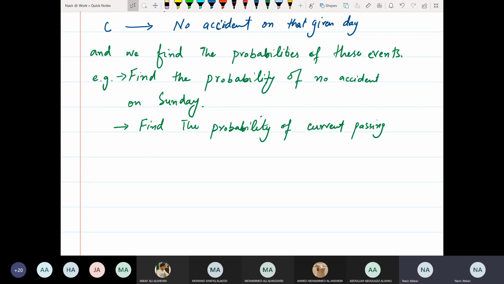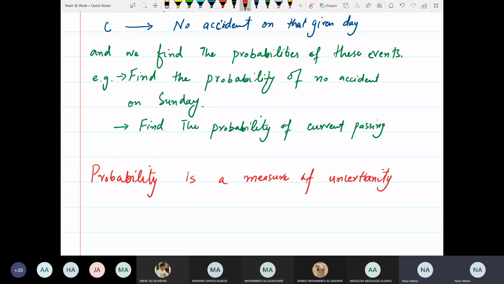So finally, the bottom line is that probability, which we stated right at the start, is a measure of this uncertainty, and we find the probabilities of these events.